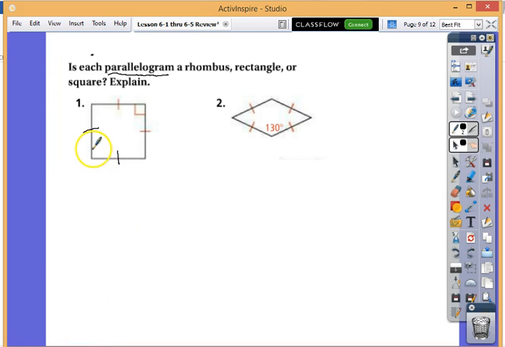Opposite angles are congruent. So that means that angle and that angle are both 90. What else? They're also supplementary. Consecutive angles are supplementary. So that'll be 90 and that'll be 90. Oh, now we have a square because it's equiangular and equilateral. So that's a square. All right, tell me about number 2.